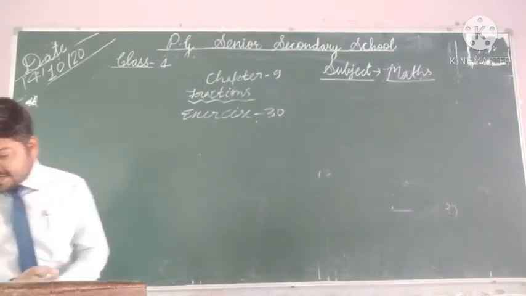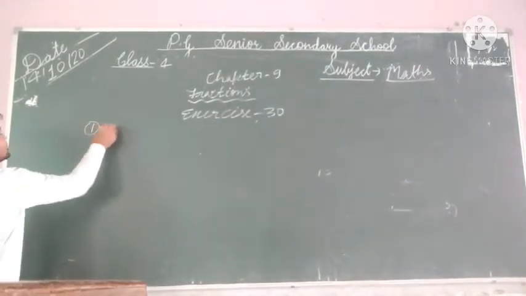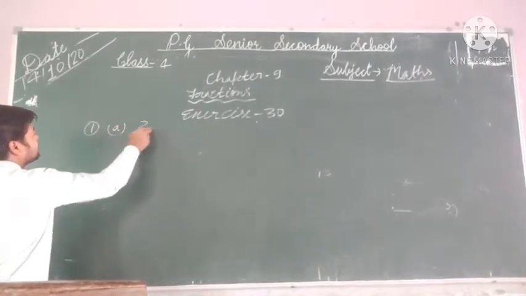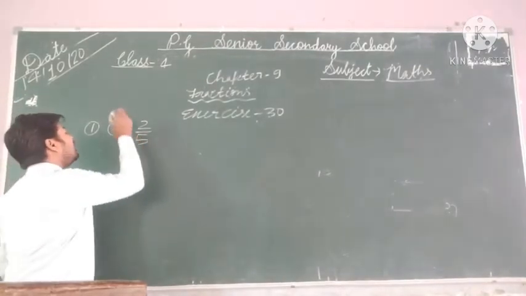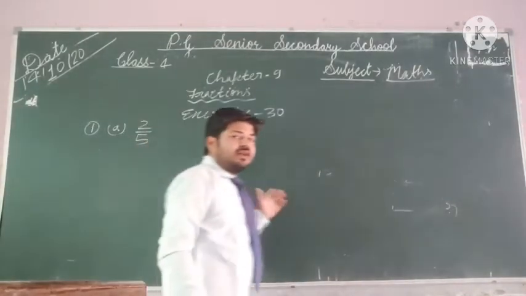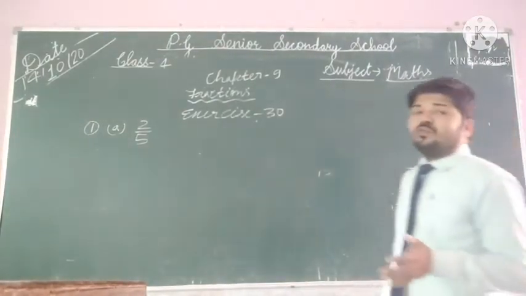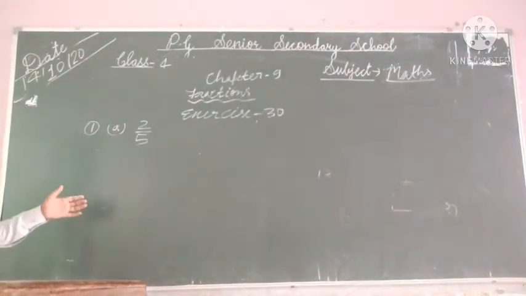Write the numerator and denominator of each of the following fractions. The first question: A, 2 by 5. In this question you have to tell the numerator and denominator. So students, you know the definition of numerator and denominator.